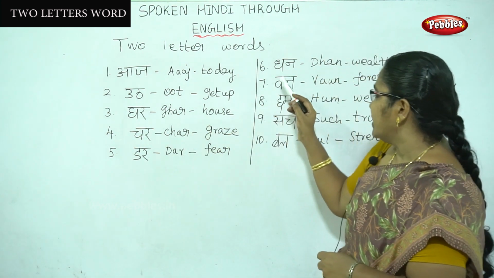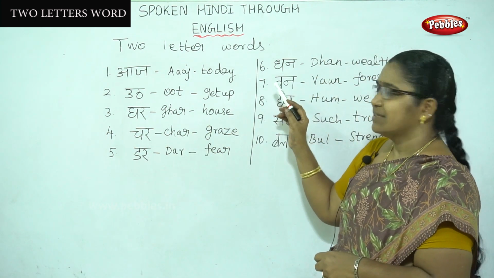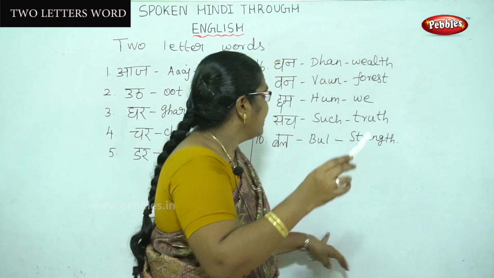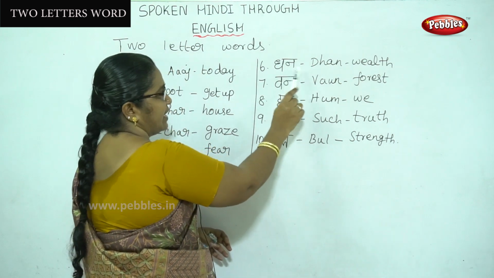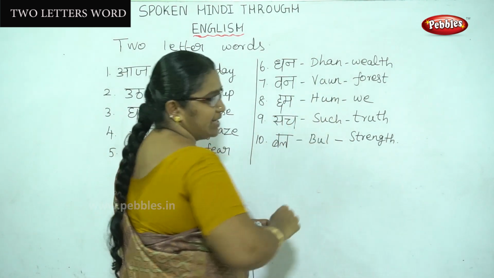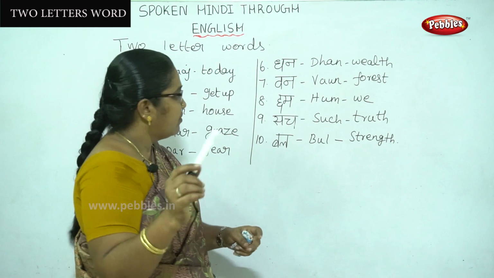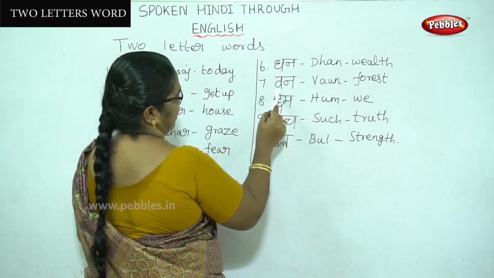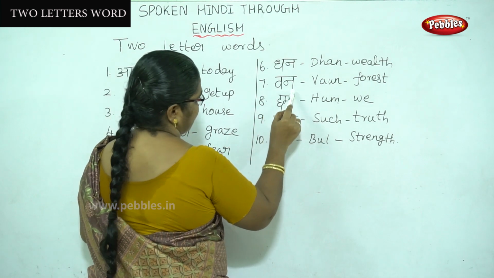So, the next one is the na. The na means then, wealth. Next, the seventh one is va na. Va na, one.